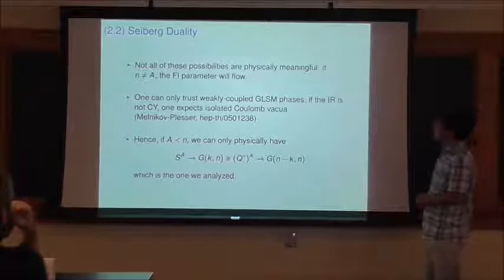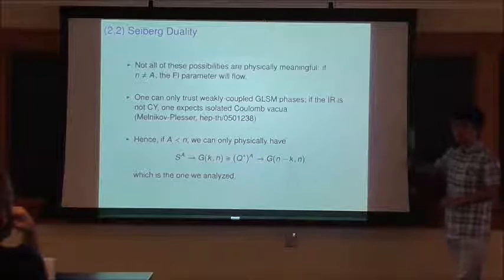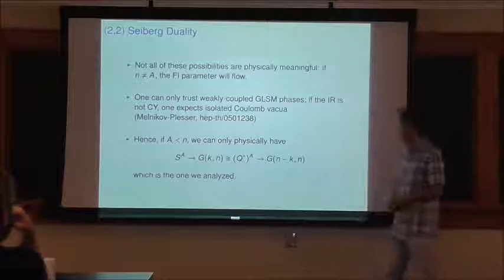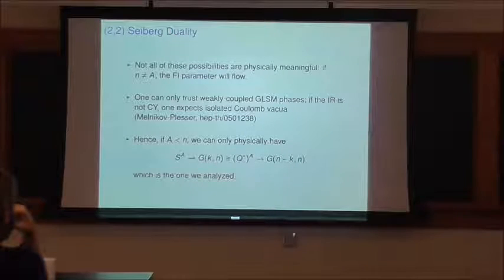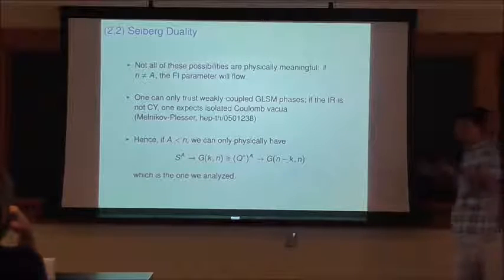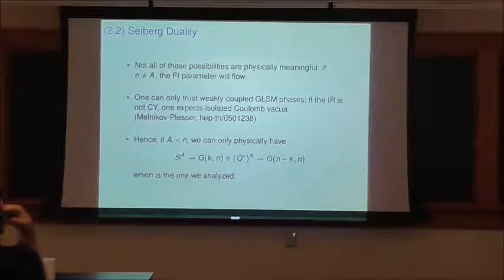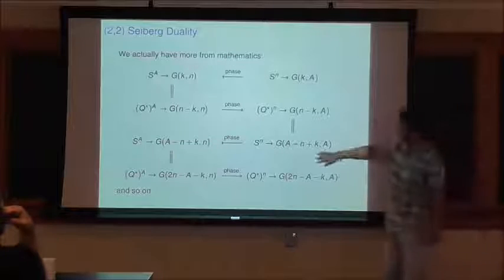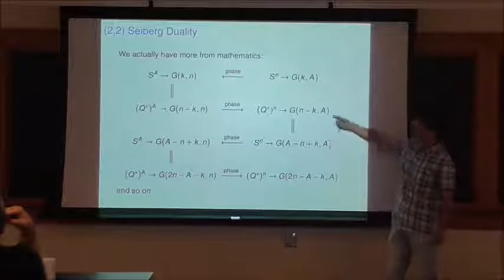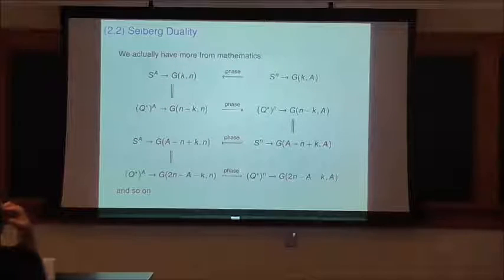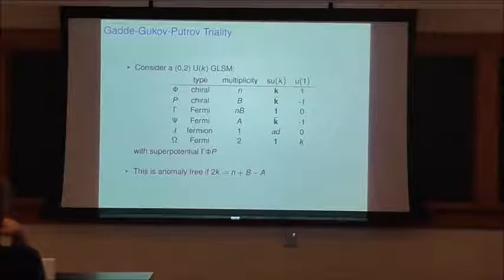So the upshot is that although mathematically we can go on forever like that, in physics, what's meaningful is only the first line, where you have this identity relating 2 theories, where the FI parameter being large actually makes sense in the IR for both of them. For the other ones, for example, if you go over here, the FI parameter changes. So if this one is expanding, then that one is shrinking, so it doesn't make sense anymore. So that's the Seiberg-like duality in 2 dimensions.